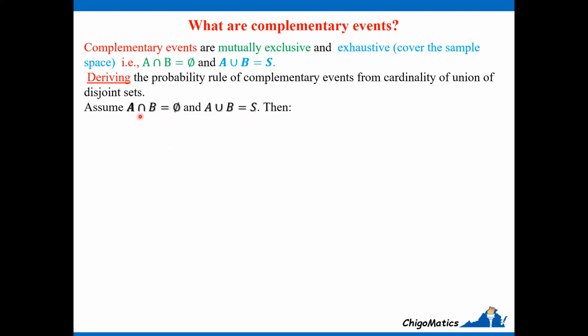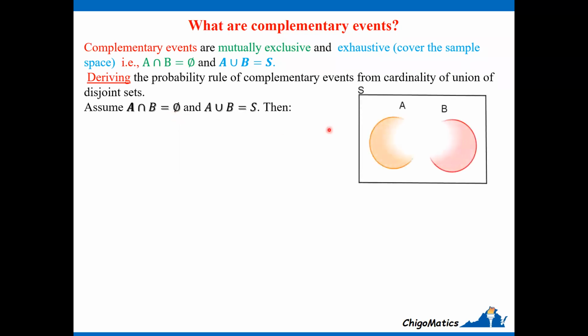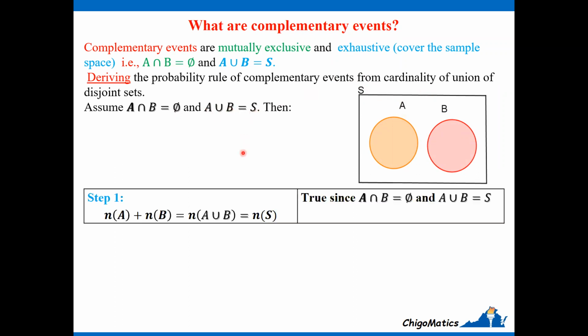By having the intersection be an empty set, the sets are disjoint, they are separate. This is the situation we have. This is S, this is A, this is B. They don't have an intersection. If I add A and B, that will constitute the sample space. That is being exhaustive.